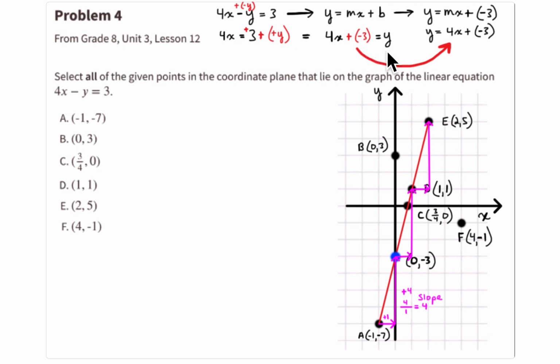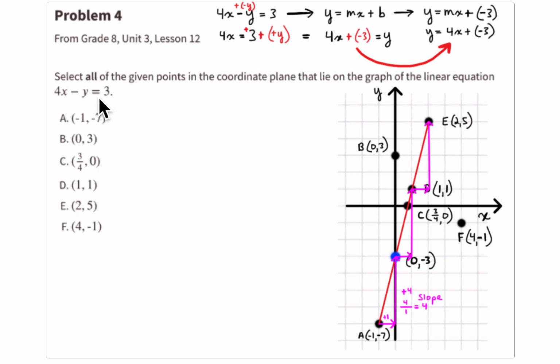So these two equations are equal. They're just switched. The y is on the right side, the y is on the left side. This is the same as this part. So you can take them and switch them over the equal sign, and they are the same equation. So that proves that these 4 points lie on a graph of this line, and they are solutions to this equation.